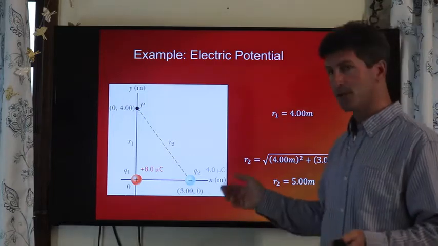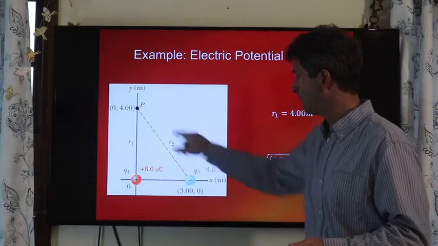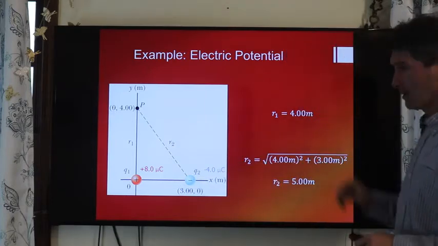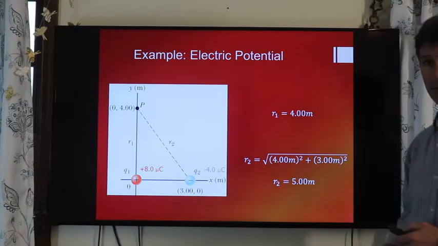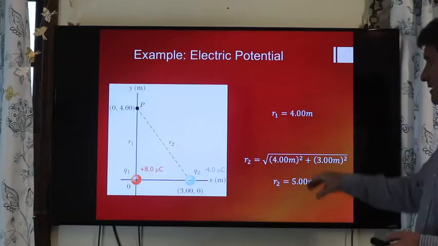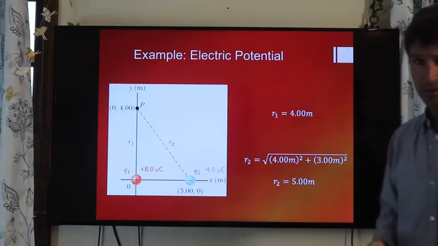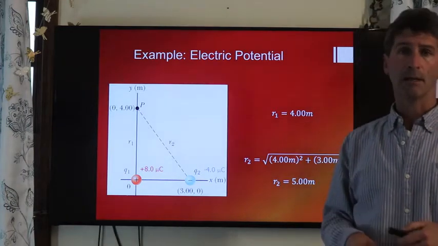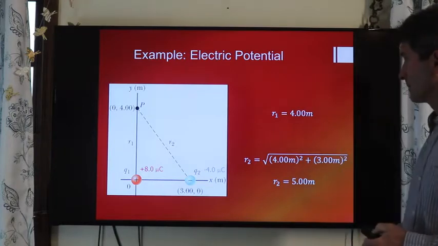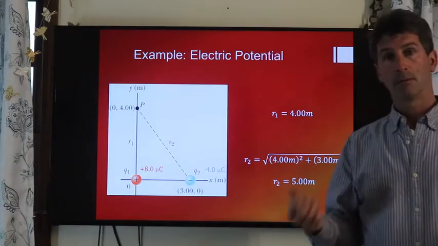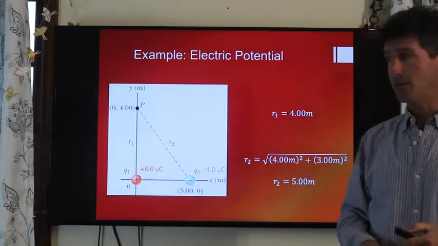Of course, this gives you your classic 3, 4, 5 triangle. You can prove that to yourself, that R2 is 5 meters away. So I have my distances, and that's usually the first thing that I'm going to do when calculating the electric potential for this. Now, simply calculate V1 and V2.